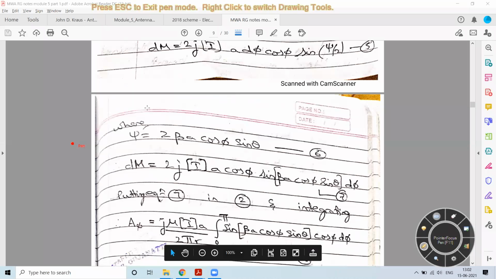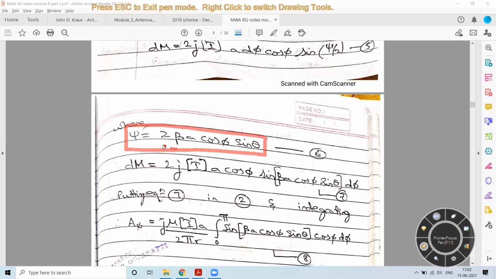Now in this case, the psi parameter for the given orientation and loop condition is given by 2 times beta a cos phi sine theta. So this is the phase we will be looking at when considering those small elemental values. So psi is given by 2 times beta a cos phi sine theta.